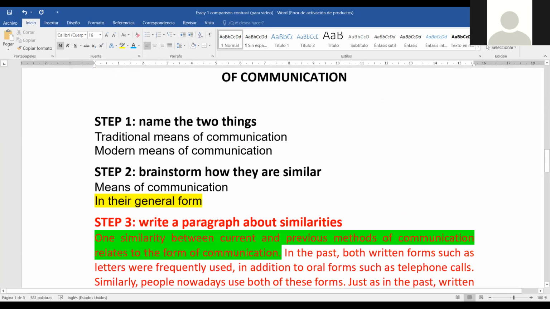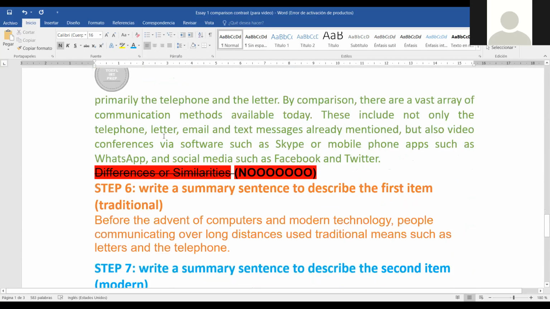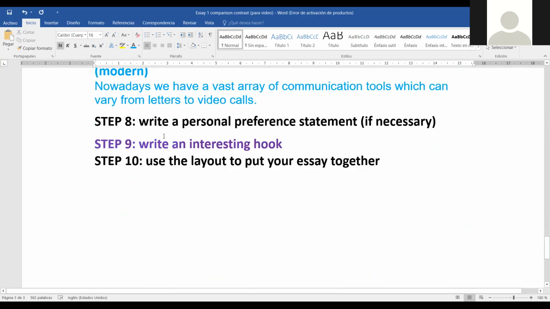Read what the exam is asking you. Let me check my example. Nope, I didn't include any personal thought about that.